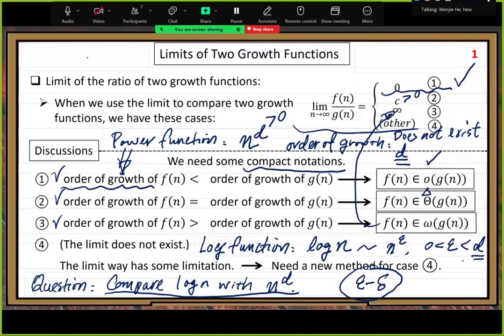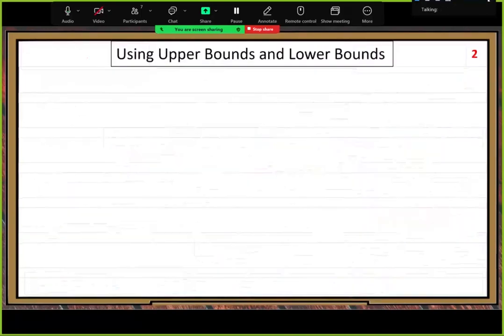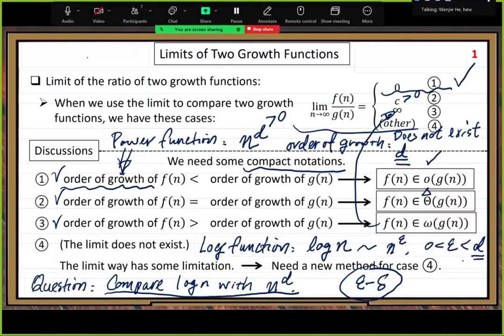So next, let's move to C.2, definition of asymptotic notation. Another important thing before we move to that definition, using upper bound and lower bound. Remember in the previous slide, let's move back to the previous slide.